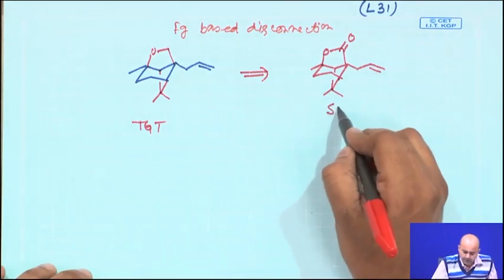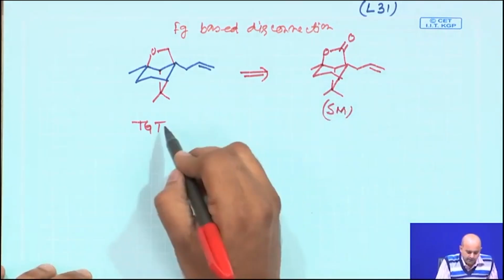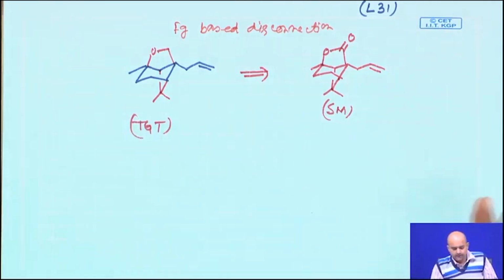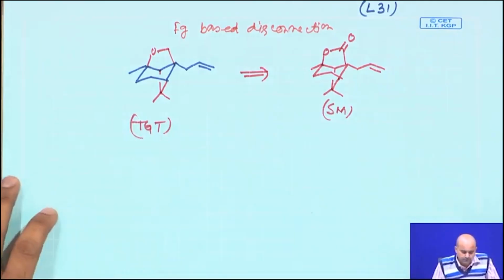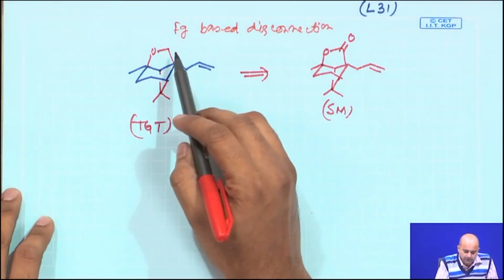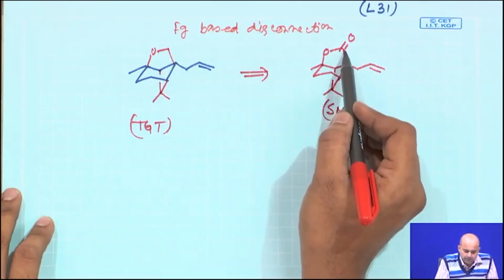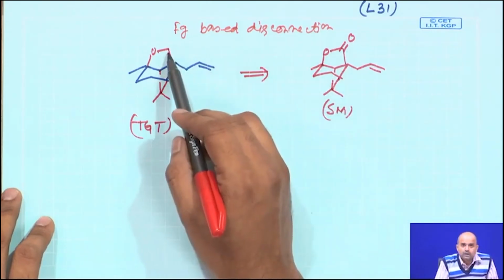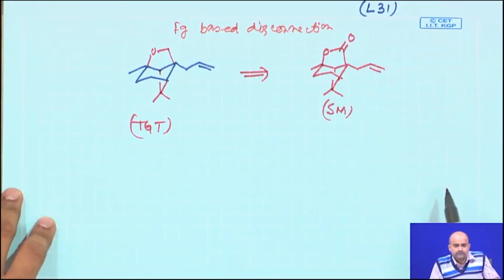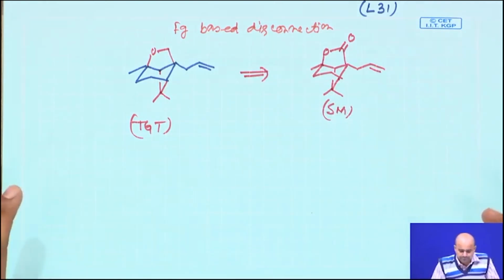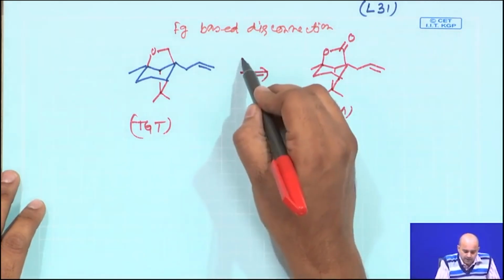If you closely analyze through a skeletal disconnection approach or any other approach, you will find that the only thing is you basically deoxygenate the lactone in the starting material to complete the synthesis. So, in principle it is FGI or FGA, functional group interconversion or functional group addition.